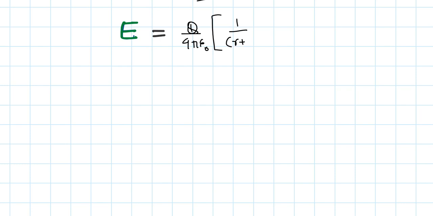The magnitude of the total electric field is equal to Q by 4 pi epsilon 0, taking it common out already, times 1 by R plus squared. So what was R plus? It is nothing but R minus A. Actually, I'm sorry, I should have reversed them, because it is the opposite. Now I am correct.